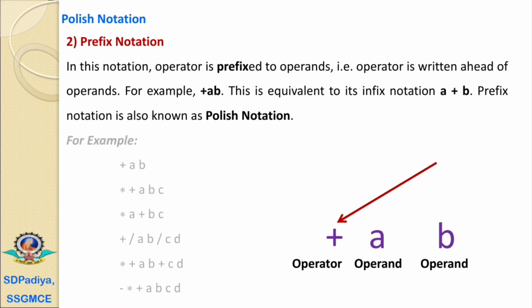For that we have the examples: plus ab, multiplication plus abc, multiplication a plus bc, plus slash for the division ab slash cd. Next is multiplication plus ab plus cd, and last is minus multiplication plus abcd. If we check all these examples, the operator is before the operands. That's why we call it a prefix notation.